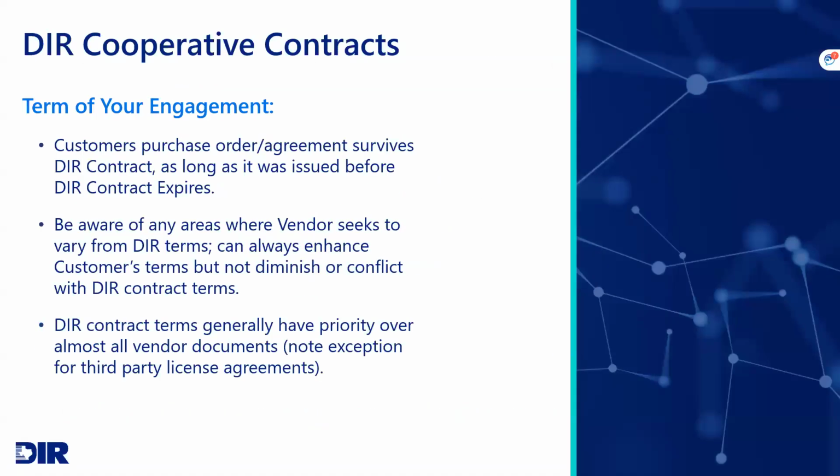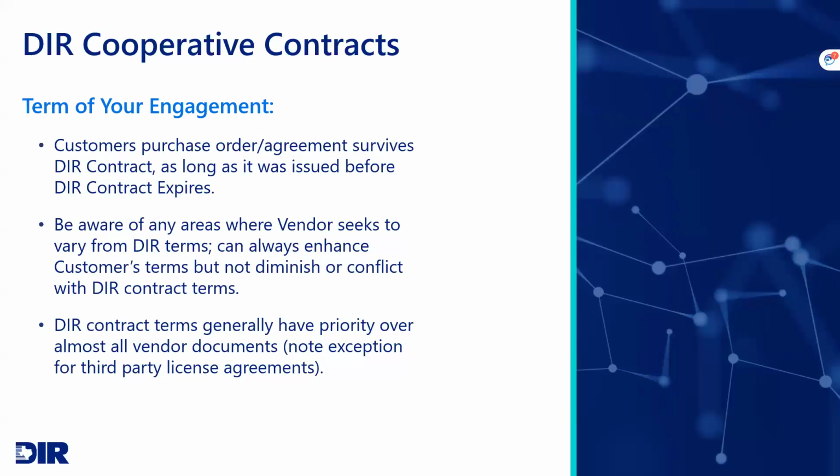A couple of things to remember about our DIR cooperative contracts is that there is survivability built into our DIR contracts, which means that you can issue a PO to any of our vendors prior to that DIR contract expiring with us, and survivability is going to allow it to play out in full, even if that vendor contract expires with DIR.